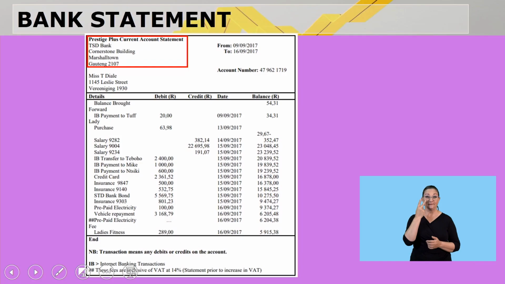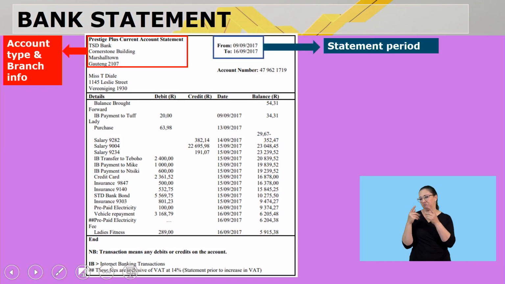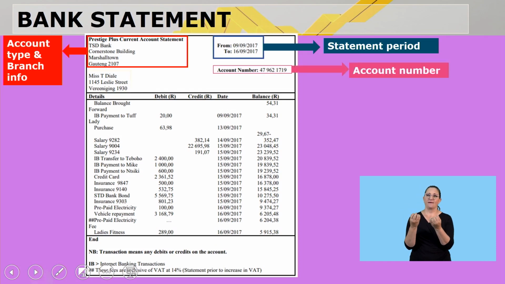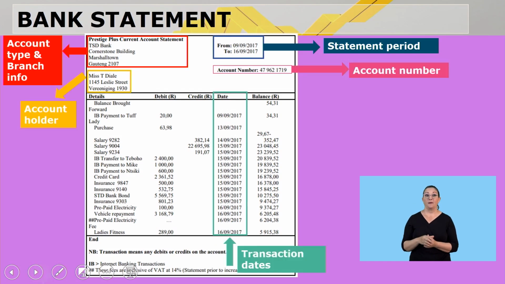Let's look at the details. First, it shows you the account type, the branch info and the bank info, the name of the bank. Then it shows you the statement period, the account number, the account holder's information, the dates on which transactions were completed.